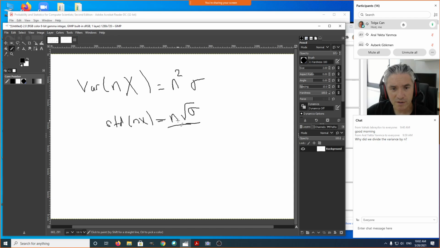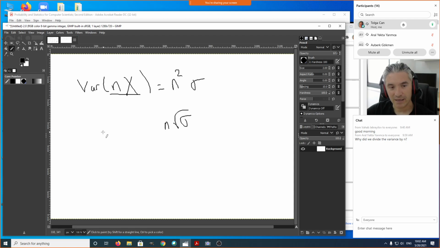So did I do it correctly? No, yeah, you have to again divide it by n square. So this is not the sum we're looking for. We're looking for, so when we do it like this, first we figure out the variance of the sum, which is this, and then the standard deviation of the sum is going to be equal to n times the square root of this thing.